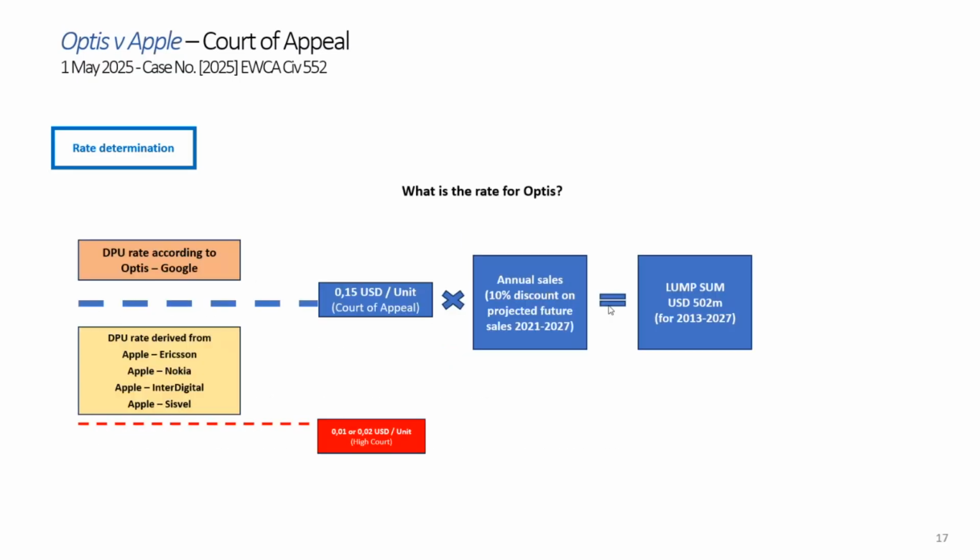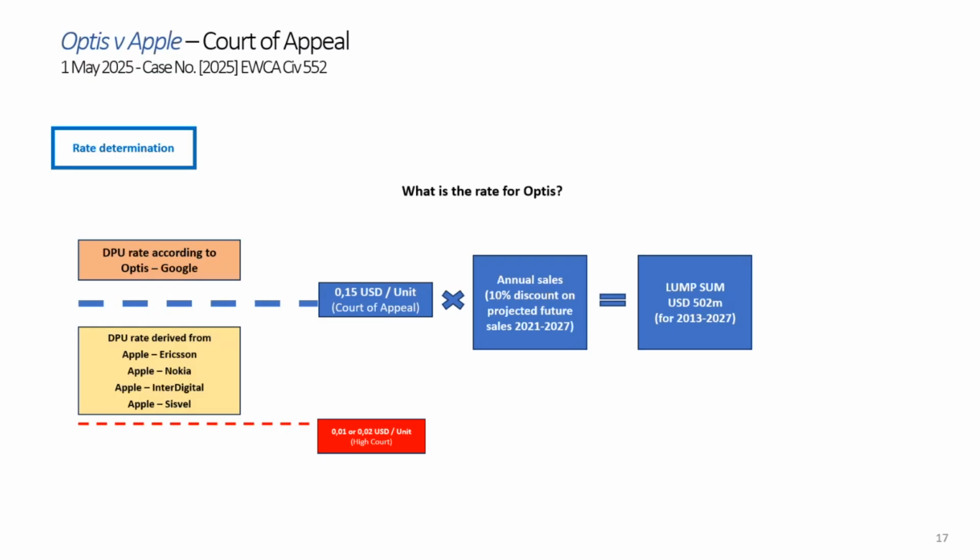Now, if we look at that here, this is actually the blue box, so the 15 cents, which is between the rates coming from the Optis Google license and the rates coming from the Apple licenses. And what the court did then was to multiply this amount with the annual sales of Apple, applying a 10% discount on the projected future sales, and came up with a lump sum payment of $502 million for the period 2013 to 2027.